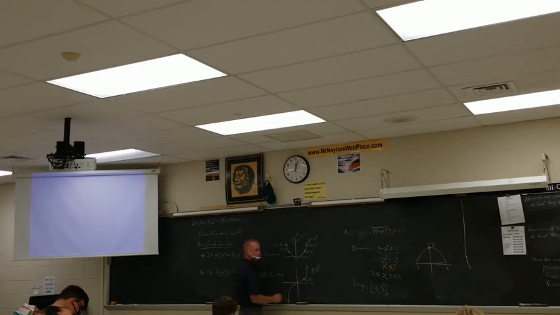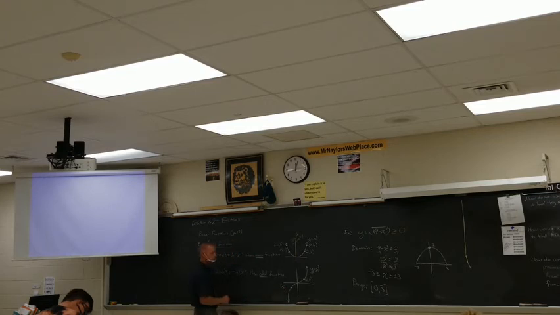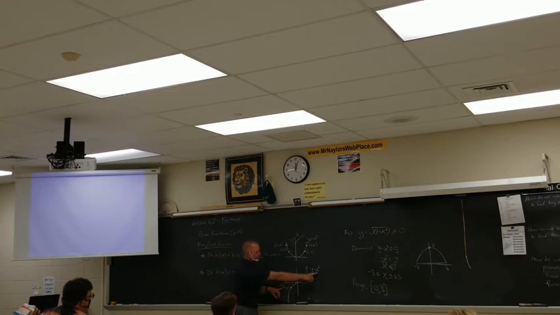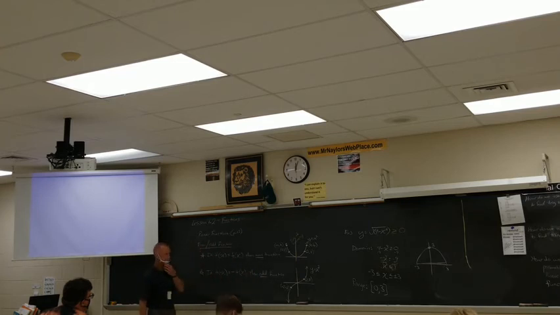If I go to the opposite x value, watch how this works. If you go to the opposite of 2, guaranteed you're going to have the opposite y value. And by the way, if you cube negative 2, you get negative 8. So it's working out algebraically also.